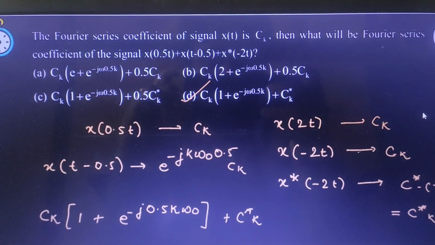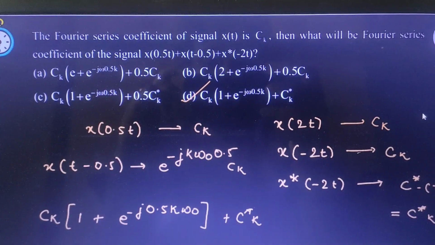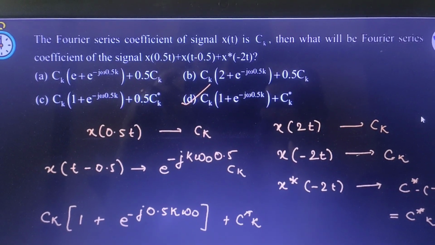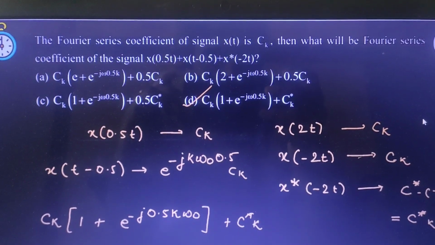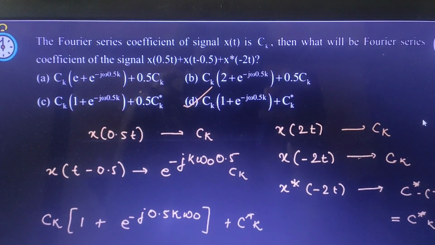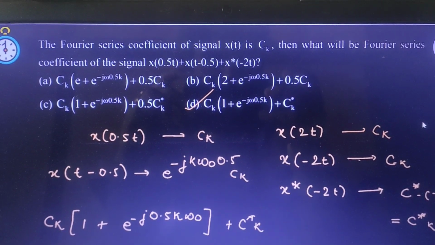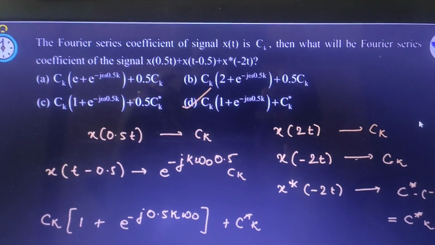By shifting t minus 0.5, the Fourier series coefficient also gets shifted by an exponential term, ck into e power minus jk omega naught into 0.5.